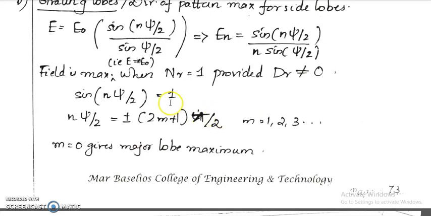Because this is the condition for maximum field, and when m is equal to 0 we get the major lobe. We want to find the grating lobe, that is the side lobe other than the major lobe. It has the same strength as that of the major lobe. So except m equal to 0 you can substitute the values 1, 2, 3 etc.